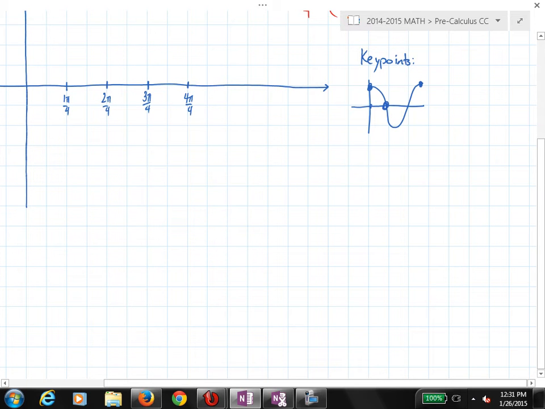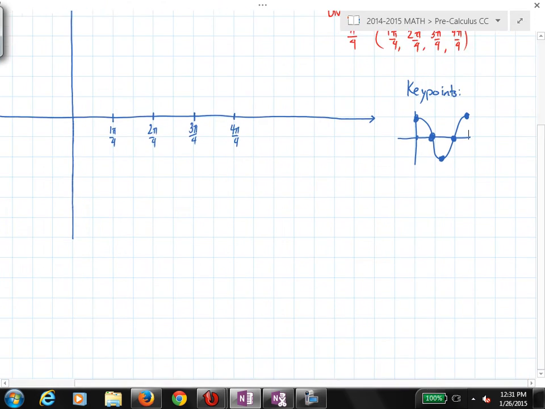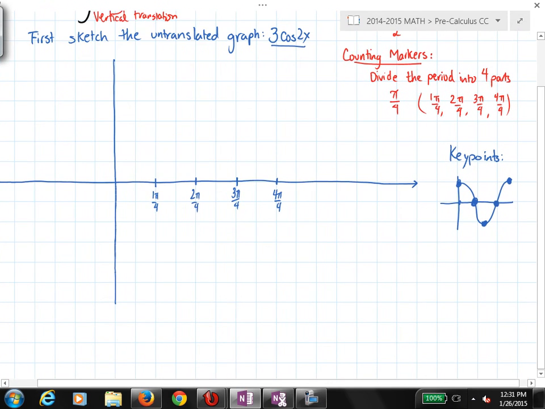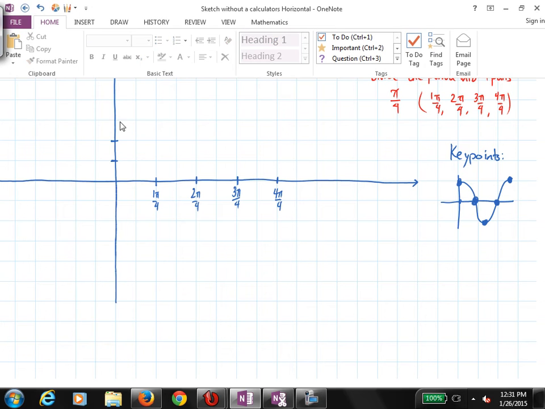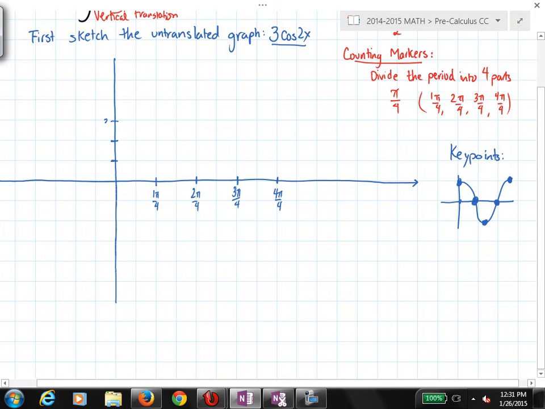So the key points are going to be the max, intercept, a minimum, another intercept, and then back up to a max. But because, like you were saying, the amplitude is 3, I'm going to go ahead and start off at 3. So this is 3, and then down to negative 3. So the first key point has to be here.